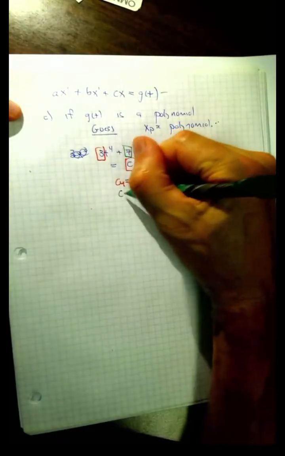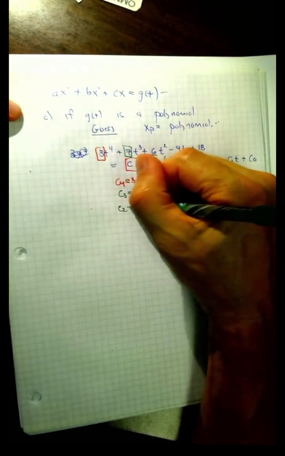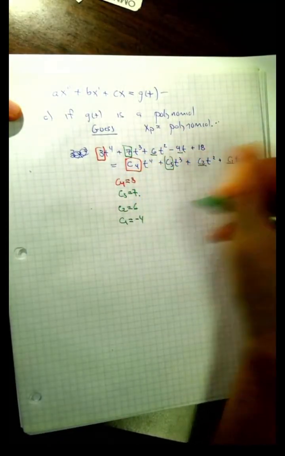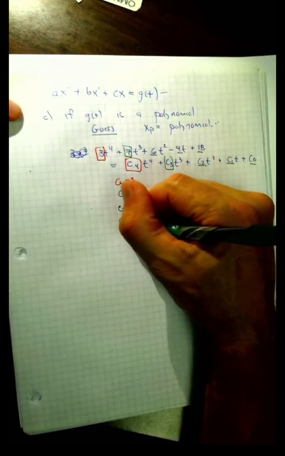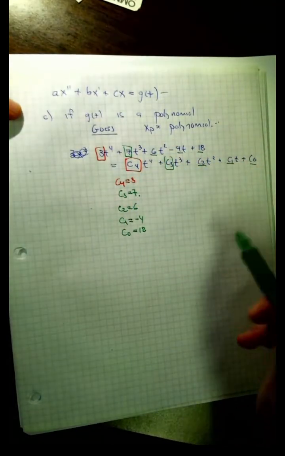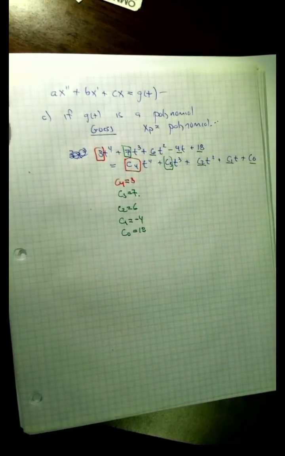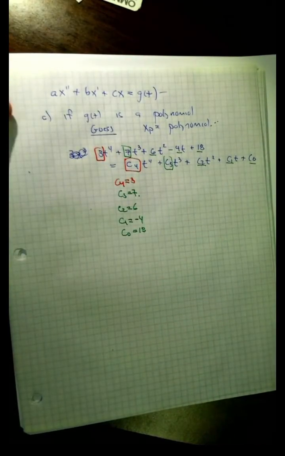The only way they can be equal is if the coefficients are the same. So C4 in this case must be 3. Likewise, the coefficient on the t cubed must be the same. Coefficient on the t squared must be the same. Coefficient on t must be the same. And the constant must be the same. Right? The only way two polynomials can be the same is if all the coefficients on those things are the same. Okay?